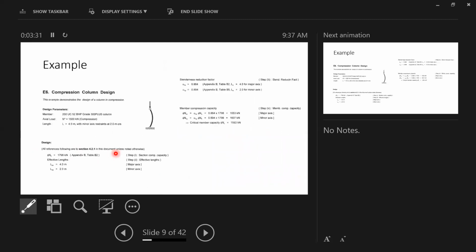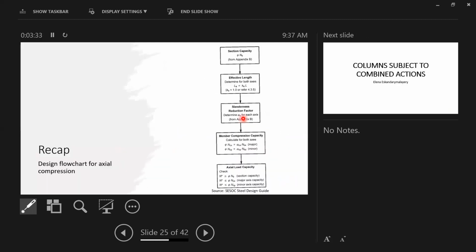So after defining the effective length, we can find the slenderness reduction factor from a table. Again, from CSOC guideline, you can see in Appendix B, there are some tables, the same cross-section that you use here.